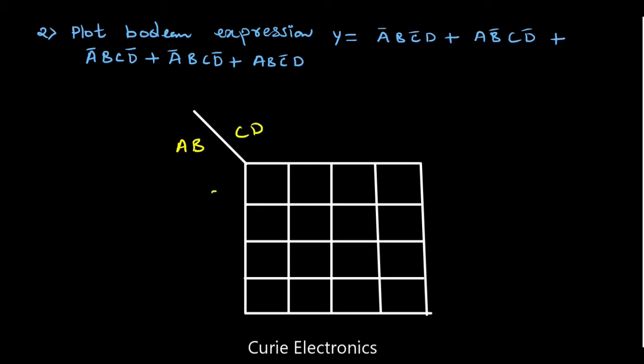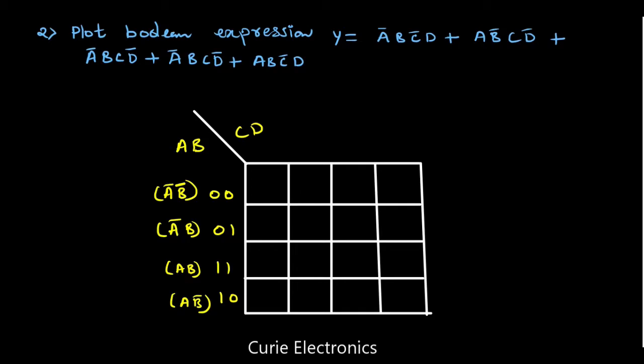AB can take values of 0 0, or we can write it as A bar B bar in terms of variables. Then 0 1, that is A bar B. Then 1 1 is A B. Next is 1 0, that is A B bar.